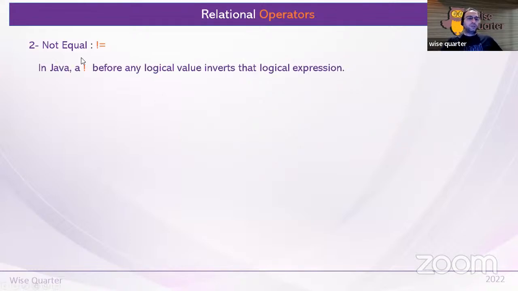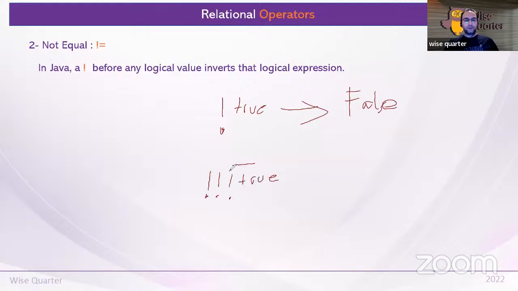Yes, if you see this symbol before any logical value like true, false, it will change it. If it is equal, it will make it not equal. If you see it like this, exclamation mark true, it will make it false. If there are more than one exclamation mark, each one will work as it is ordered. True, this part will become false because there's an exclamation mark.